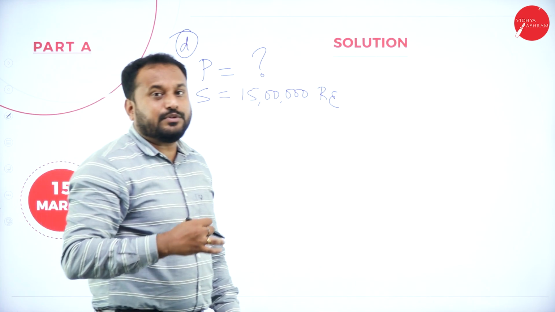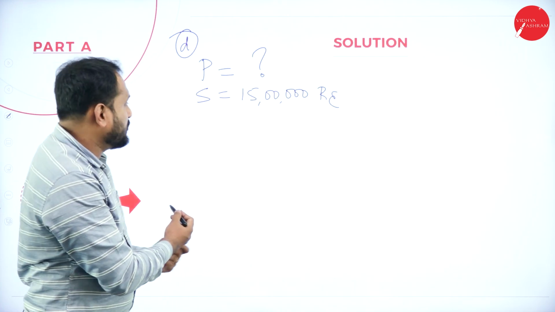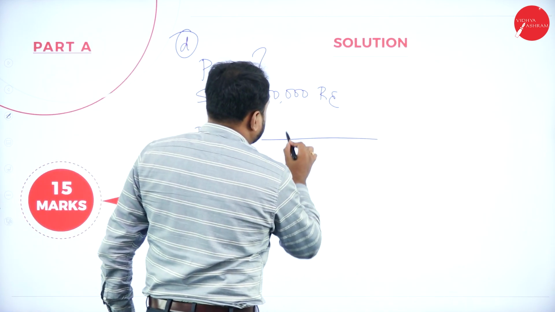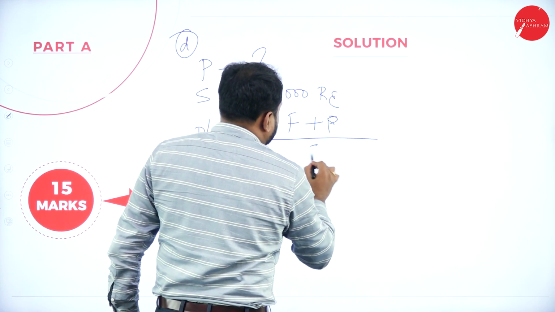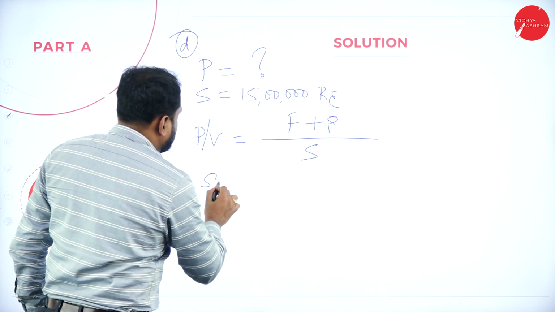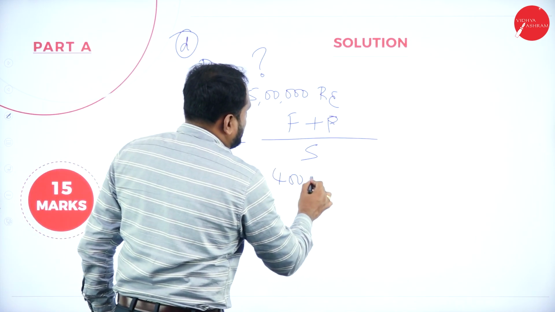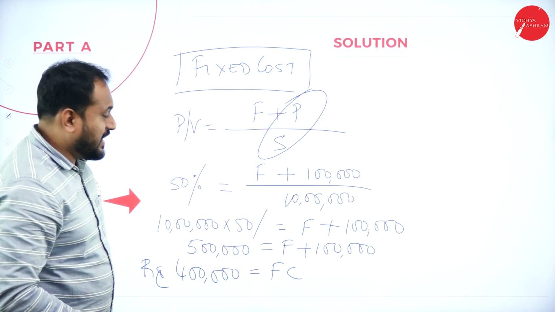The same way how you have found fixed cost, the same thing is what the formula which you are supposed to go with. That is the Abhilash Chandra formula. PV is equal to, go with the same, F plus P divided by S. Now PV is how much? 50% is equal to fixed cost is 4 lakh. We have already found out. See here, fixed cost we have found how much? 4 lakh rupees.